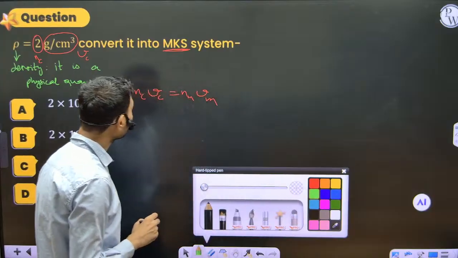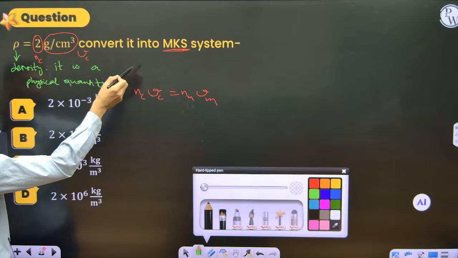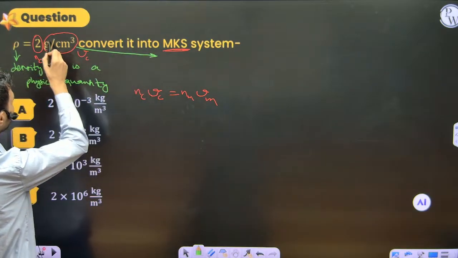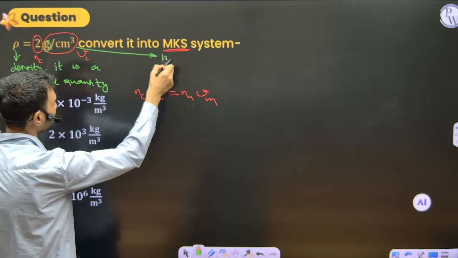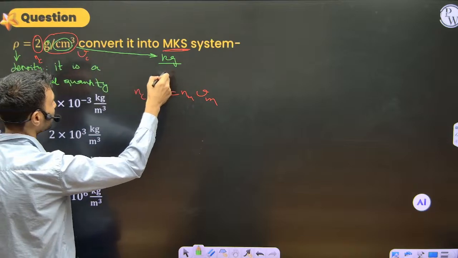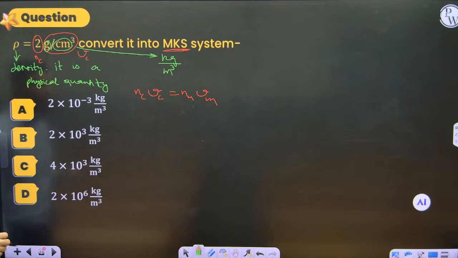In CGS the unit is gram per centimeter cube. In the MK system, what will the unit become? Gram will become kg, centimeter will become meter, and cube is there, so cube will come. So we get kg per meter cube.